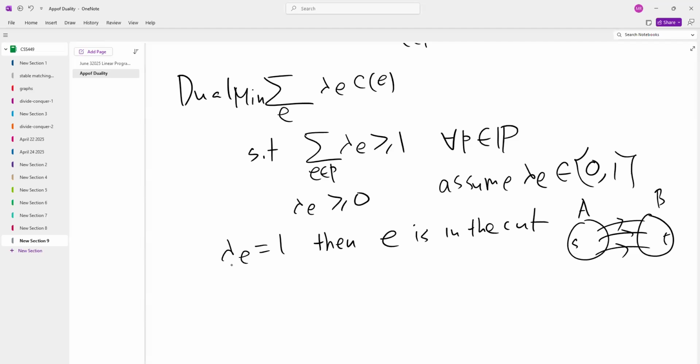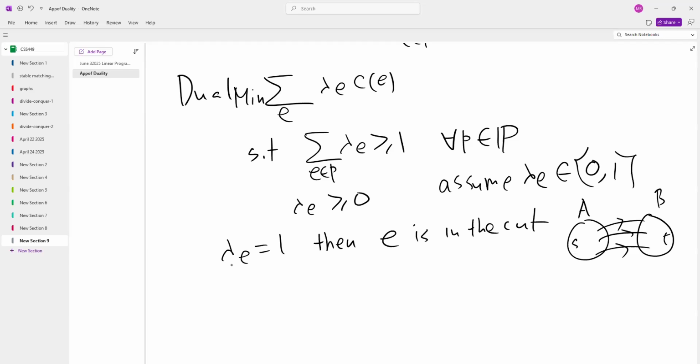Now I need to tell you that when I choose a value of 0 or 1 for every edge, I'm kind of constraining a set of edges to be special. But for them to be a cut, we need to utilize this property.